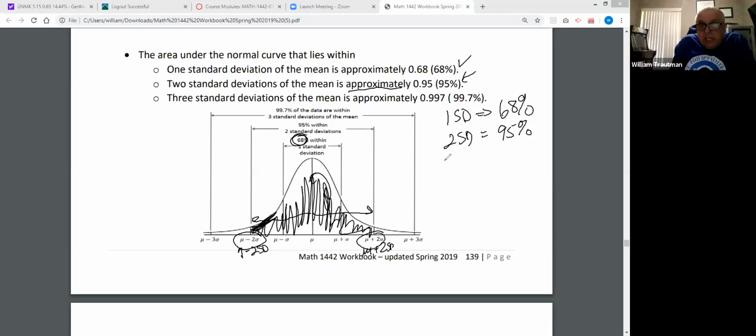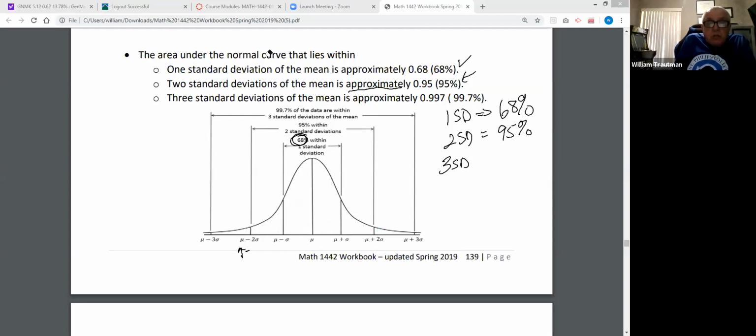And then finally, 3 standard deviations. 3 standard deviations is this much. Look, it stops right there. 3 standard deviations and 3 standard deviations. So all of this is shaded in.